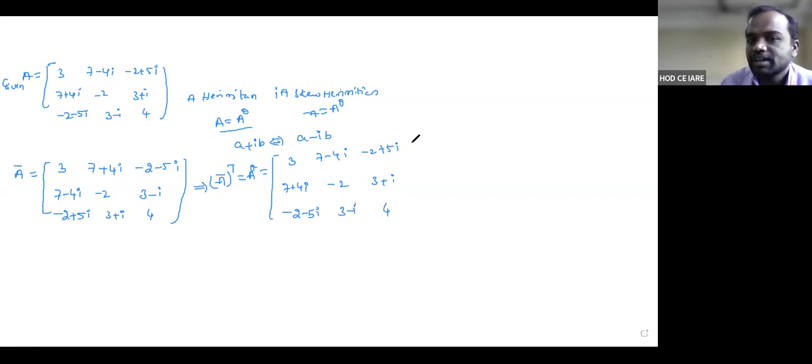Okay, this is A power of theta. The conjugate transpose of the matrix, we can say, satisfies the condition of a Hermitian matrix: A is equal to A power of theta.